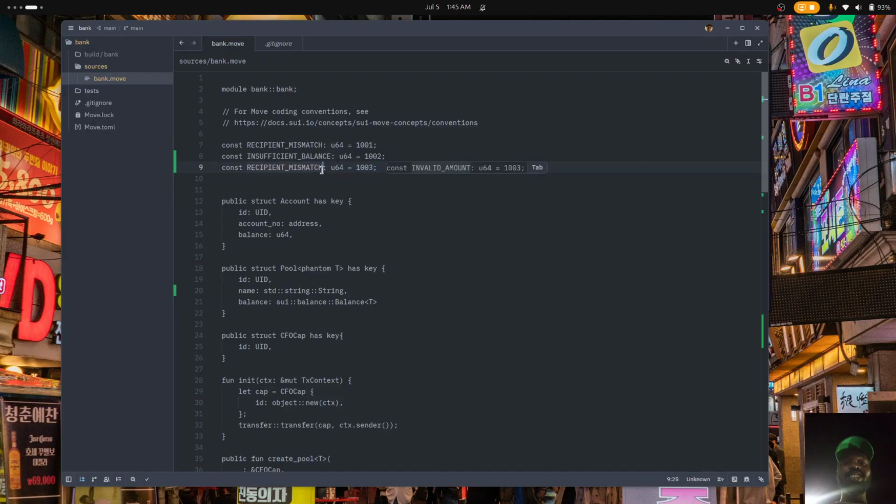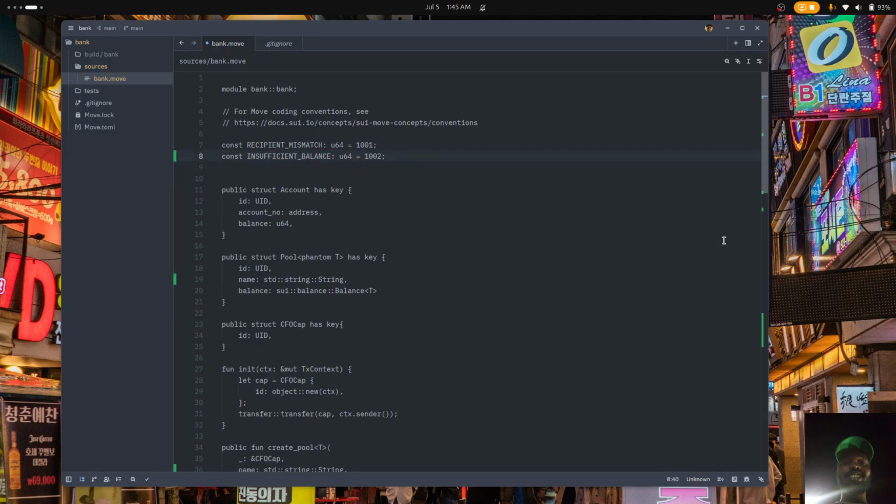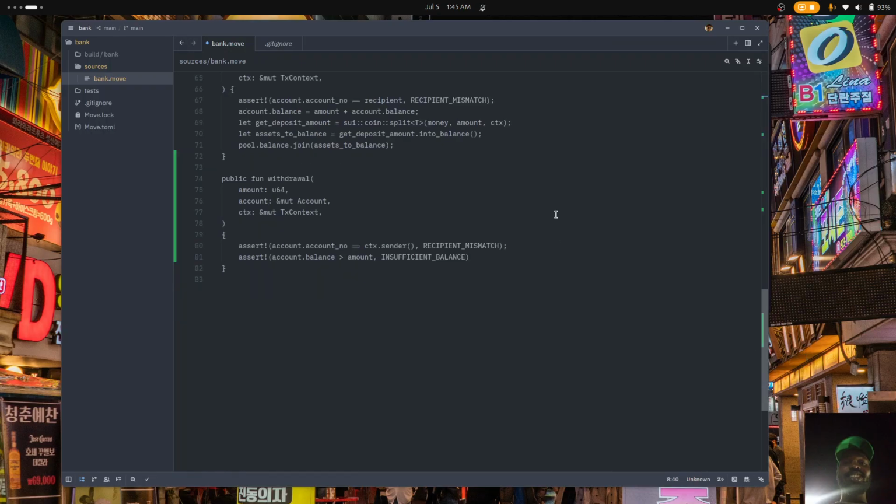Okay, it's already implemented. So now we know that the owner of this account is the one trying to make this transaction.